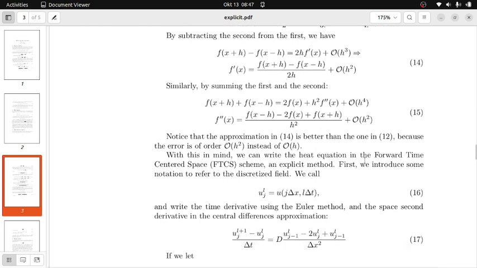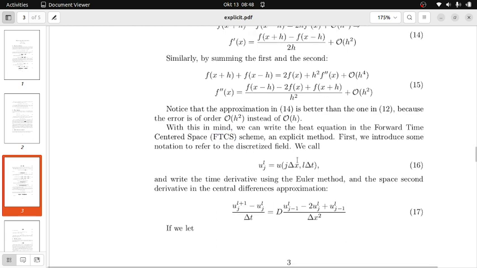Alright, so with this in mind, now we can write the heat equation, and then I'll introduce the so-called forward time-centered space scheme, or FTCS. What we're going to do is discretize the field, and introduce this U_j^l, which is U evaluated at j Δx, l Δt.